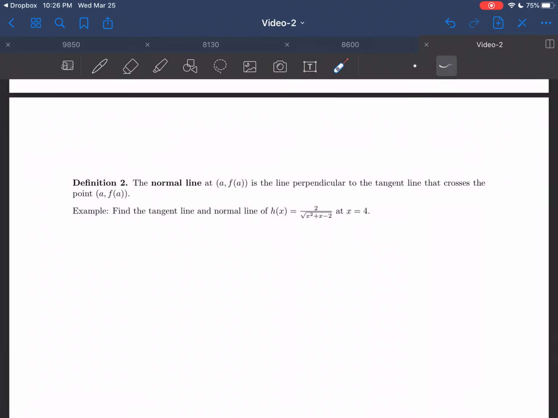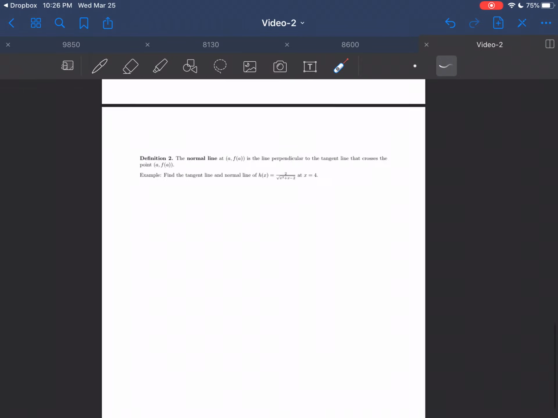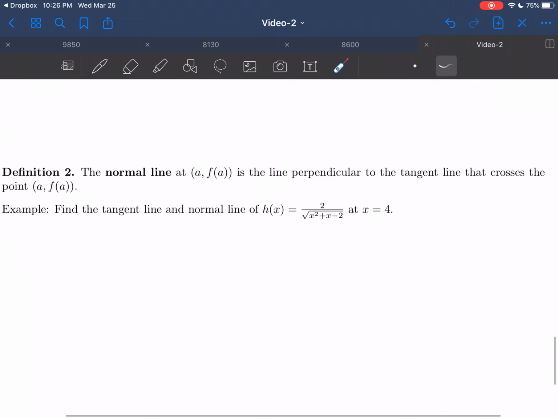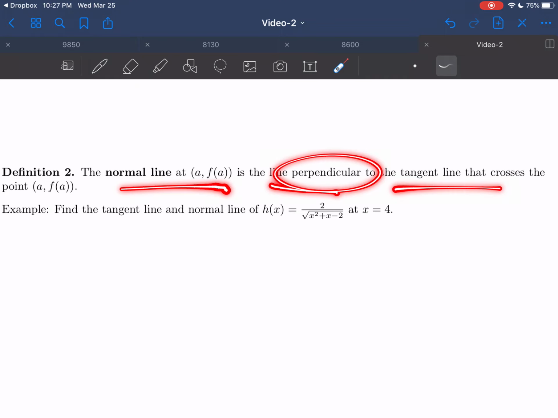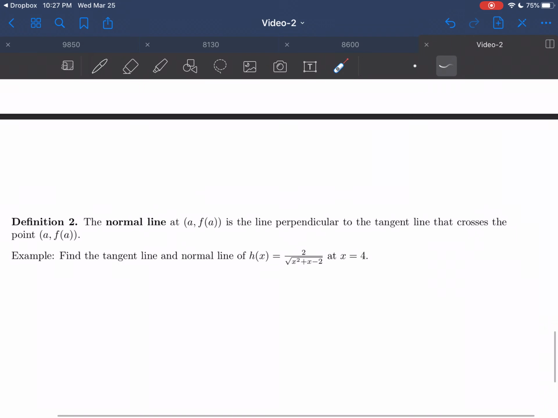Then the last thing I think we do in this section is called the normal line. So we've talked about tangent lines. Now the normal line at a point is the line that's perpendicular to the tangent line that crosses that point.